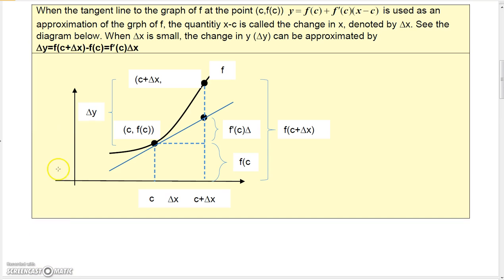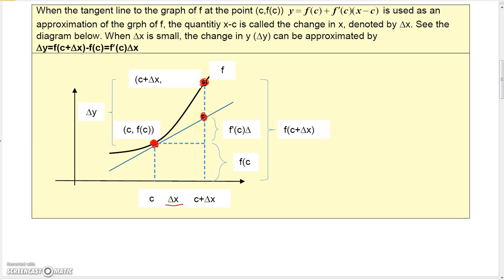Now graphically, you can look at this graph, but I just want to make a couple of points here. See, we know that at c, the value of the tangent line and the value of the function must be the same value. But if you deviate from c, say delta x units, then the value of the tangent line is going to be here, while the value of the actual function is going to be here.